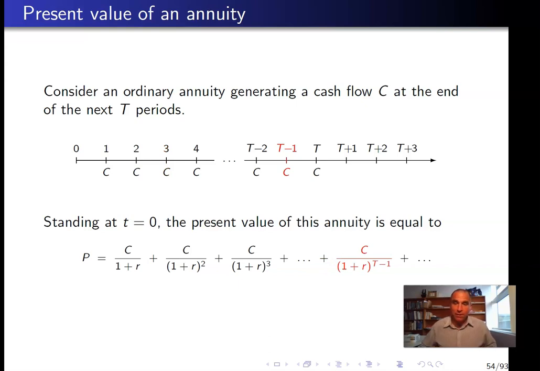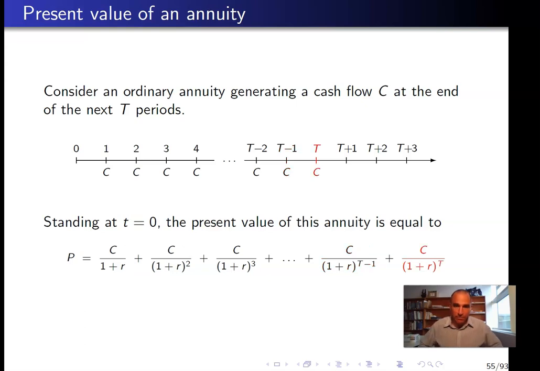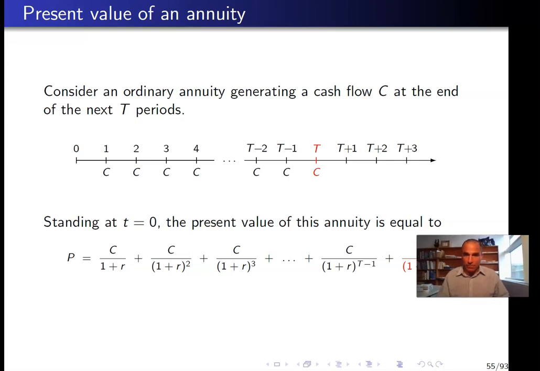The payment number t minus 1 discounted over t minus 1 periods plus the last payment at time capital T discounted over capital T periods. Okay, how many payments? 1, 2, 3, 4, 5, 6, 7, 8, T minus 1, capital T. So a total of T payments. So we have all the payments here in this equality.